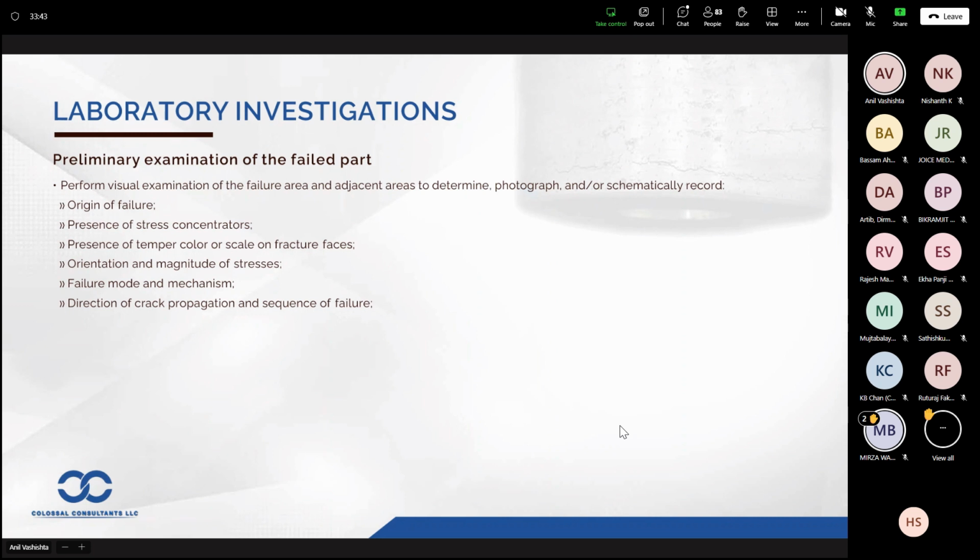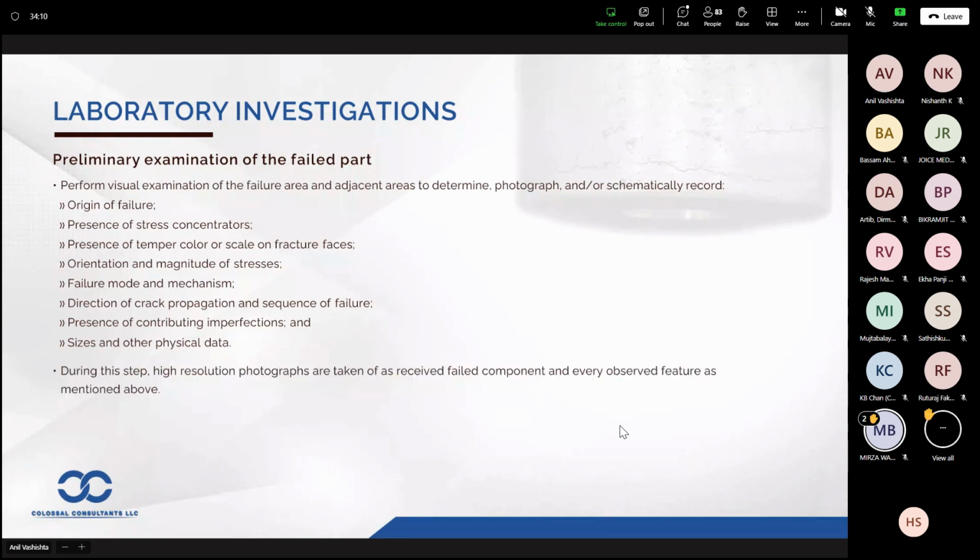By visual examination, you can make a guess. I would say that this guess is just for initial examination. You are not supposed to use that guess as the cause of failure. It gives an indication or a hint regarding what could have gone wrong, the direction of crack propagation, sequence of failures, and presence of contributing imperfections.